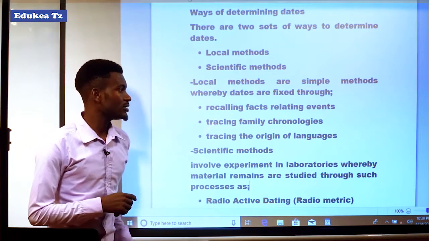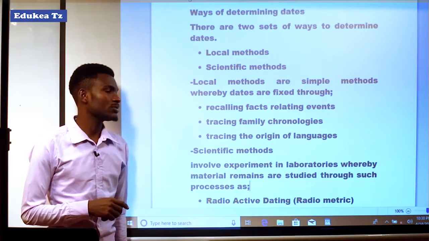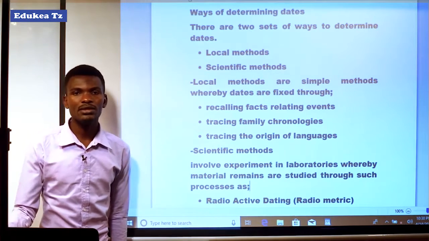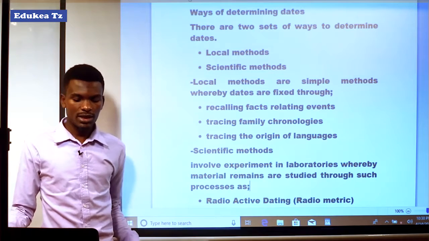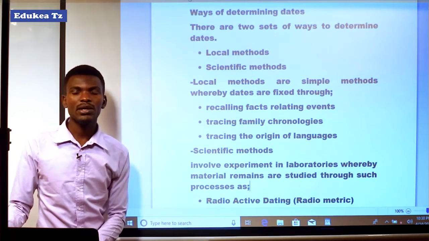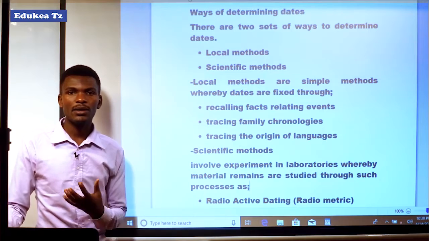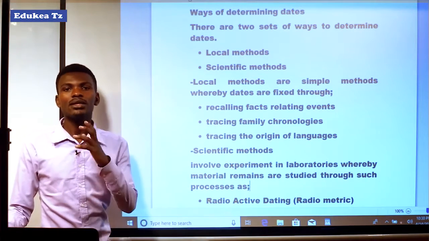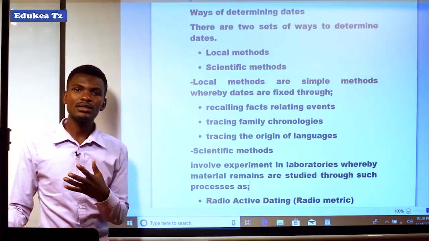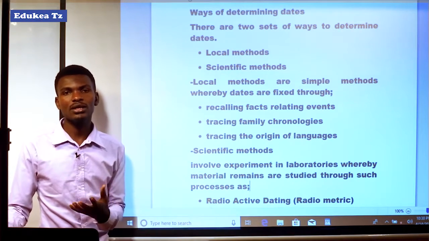Another is tracing family chronologies. It means that you may determine the time by tracing family chronologies. If it is just a family tree, maybe I have my father, my mother, my grandfather, my grandmother, and great-grandmother or great-grandfather.